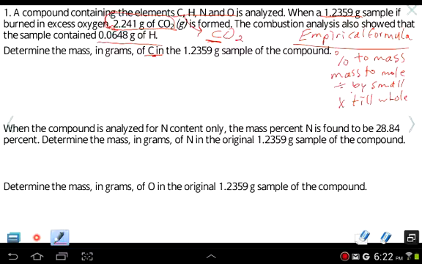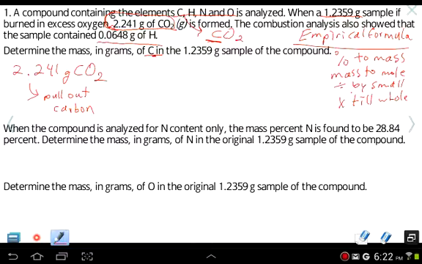So, knowing that we have a total mass of 2.241 grams of CO2, if we can in effect pull out the carbon, we'll find out how much carbon there is. And this is actually quite simple to do.